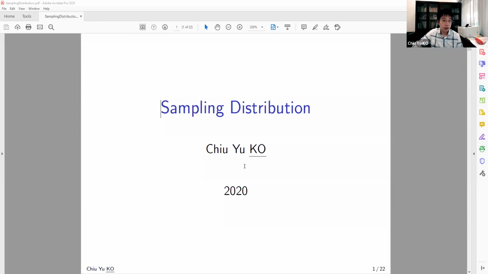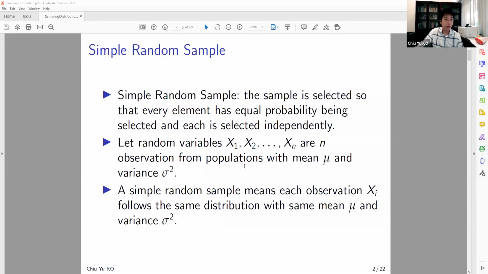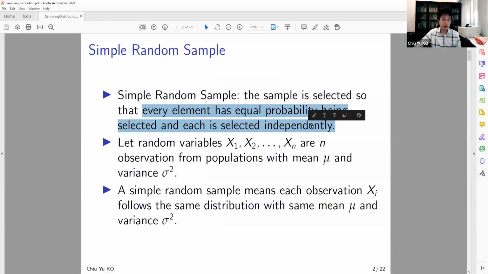Very quickly, just to remember, a simple random sample means every element has an equal probability of being selected, and that it is selected independently. Sometimes this is easy, but when you get data from the real world, it is not clear whether this requirement is satisfied. But for our derivation, there's no problem.